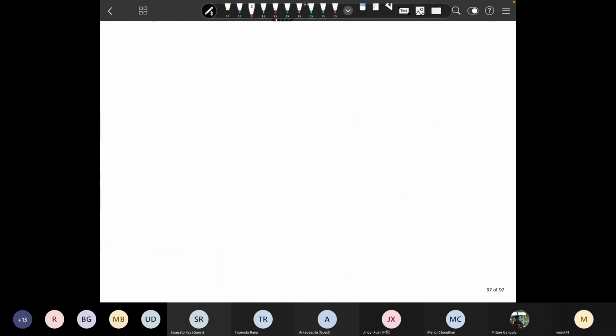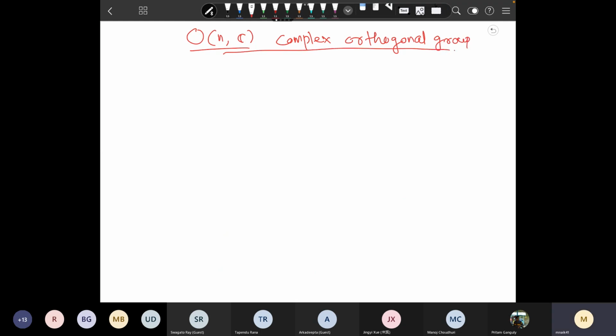So now O(n, C). This is the complex orthogonal group. So take here our vector space, let z, w belong to C^n.